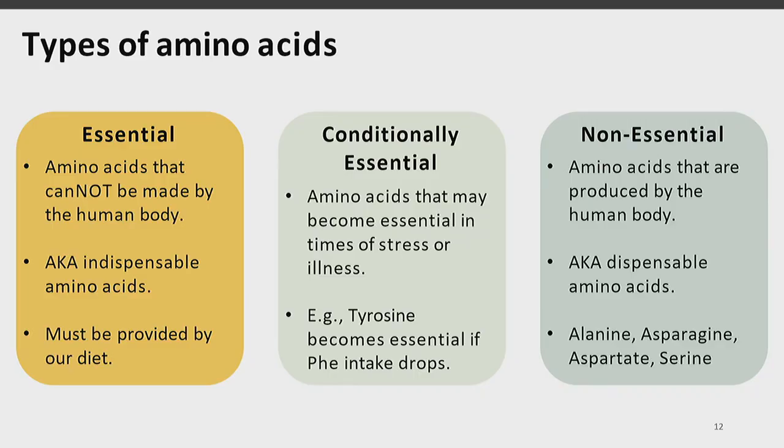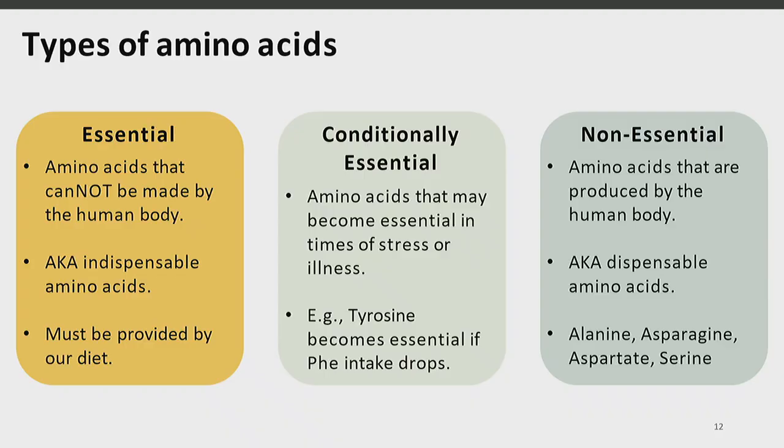Another question that I think is a trick question that students often have issues with is when it comes to types of amino acids. It's pretty straightforward what essential amino acids are, also known as indispensable amino acids, and also clear what non-essential ones are, right?